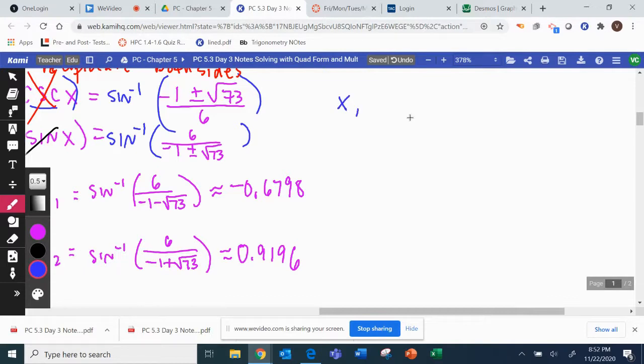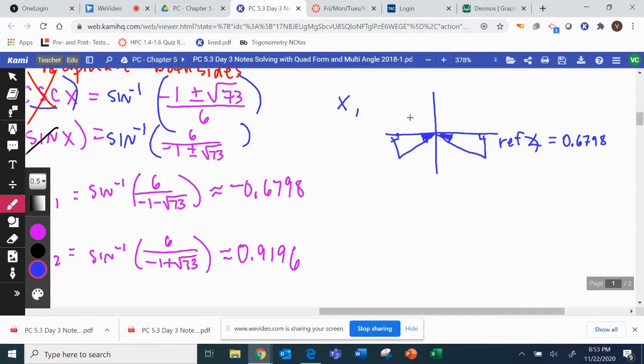X1, we see that it is a negative number. So if it is in this quadrant, sine is negative in this quadrant, it's also going to be in the third quadrant. Our reference angle will just be the positive version of this 6798, so positive 0.6798.